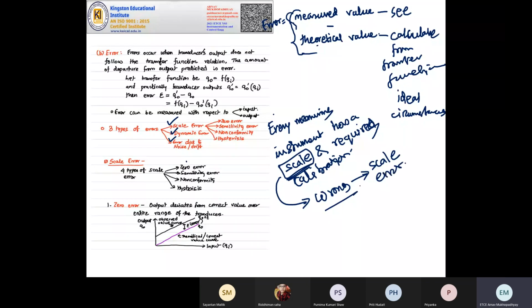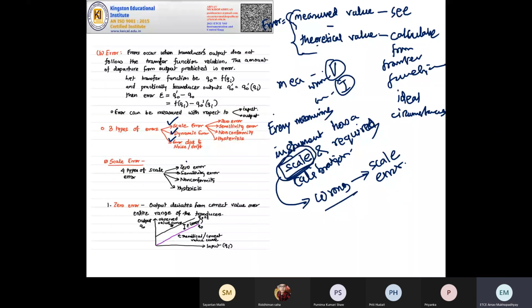Since all transducers have a purpose, they all measure something, or they output some electrical voltage or current. That means they may output wrong voltage or wrong current. Those wrong voltage and current will give rise to wrong readings on your instrument scale. Those type of errors are called scale errors.